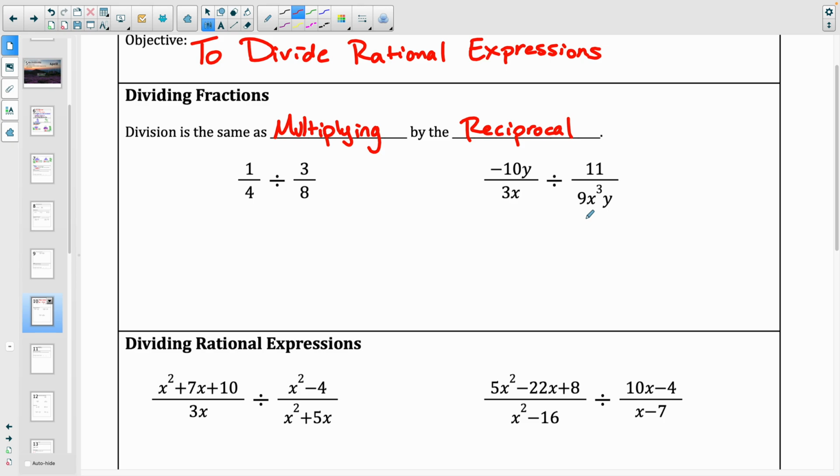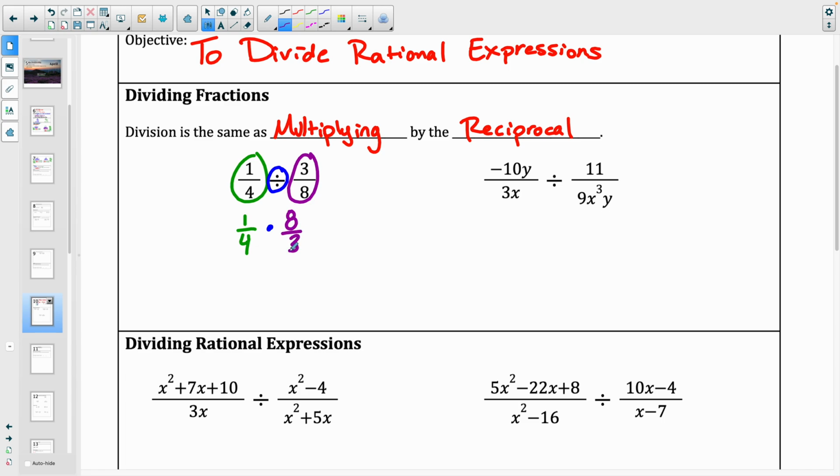Okay, and you'll often hear me use the words keep, switch, flip, and what I mean by that is we're going to keep our first fraction as 1 over 4. We're going to switch our sign in the middle to multiplication, and then we're going to flip that second fraction.